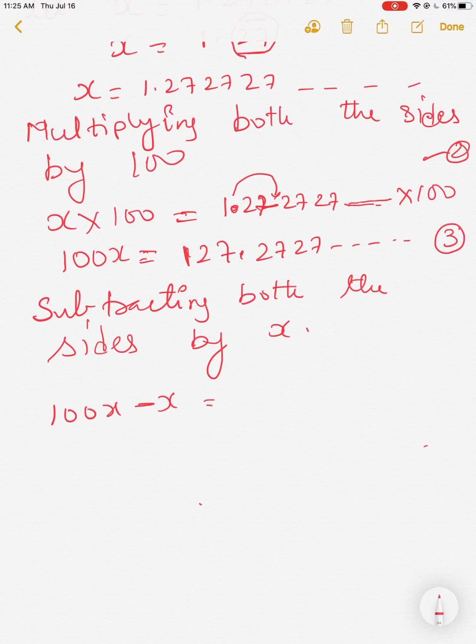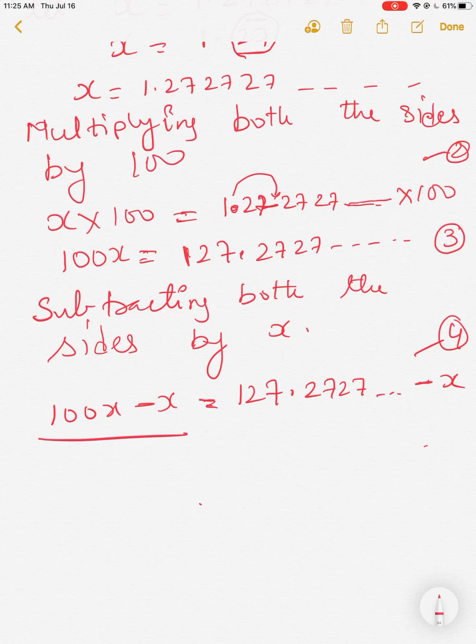All are the same steps you have to follow; you just have to remember the sequence. So this is the third step. In the fourth step, 100x minus x, and on the right 127.2727... minus x. This is the fourth step you have to remember.